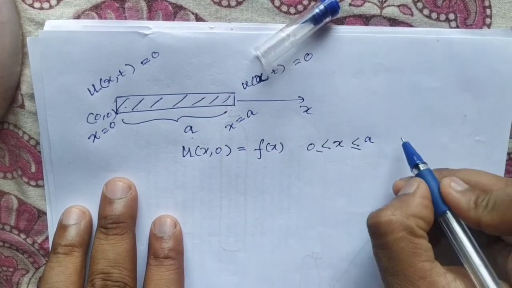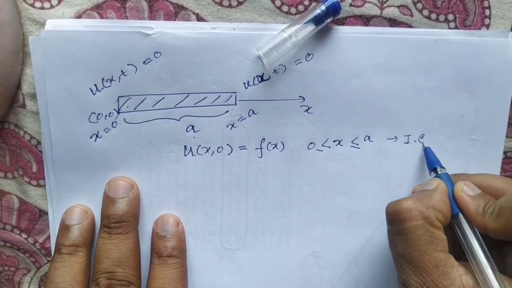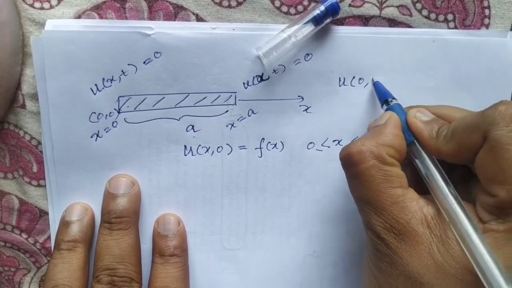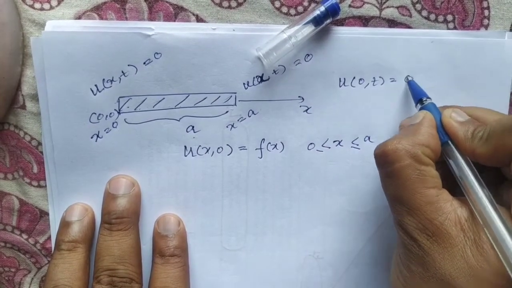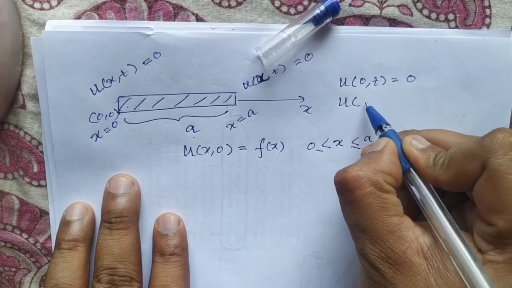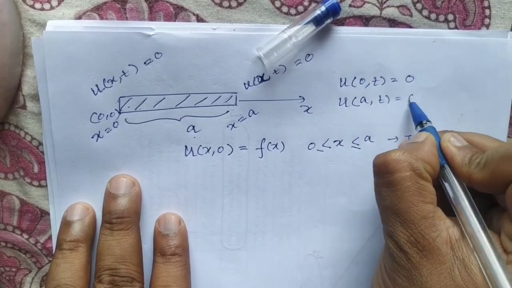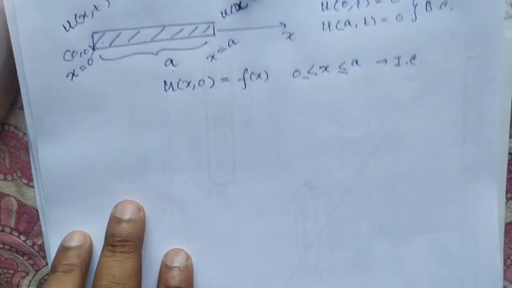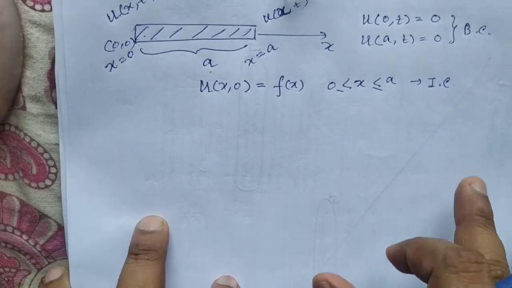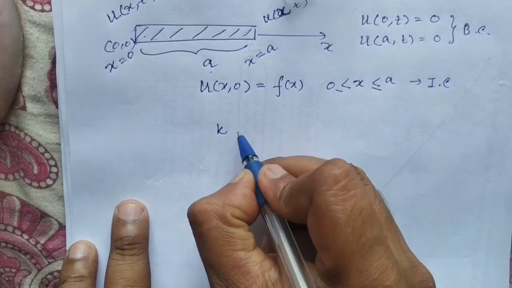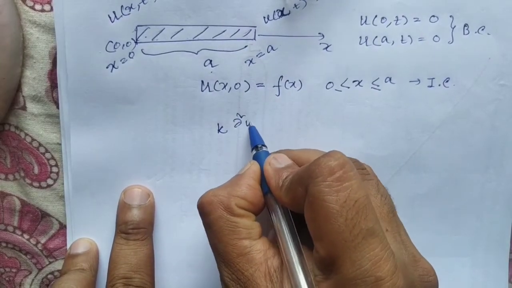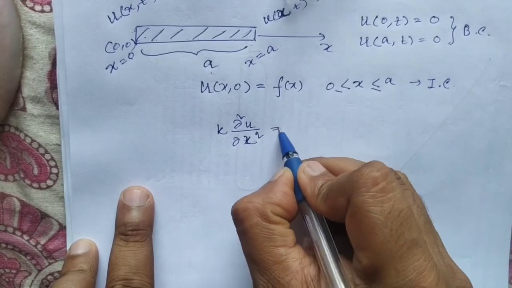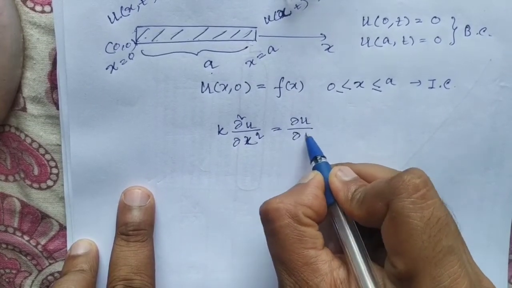So this is the initial condition, IC, and the boundary conditions are u(0, t) is equal to 0 and u(a, t) is equal to 0. These two are boundary conditions. Now suppose I take the conductivity to be kappa, so your heat conduction equation should look like this: del u by del t.